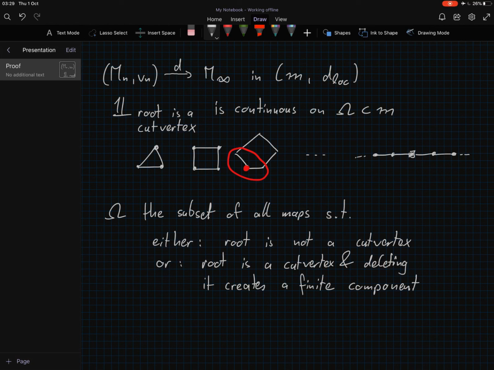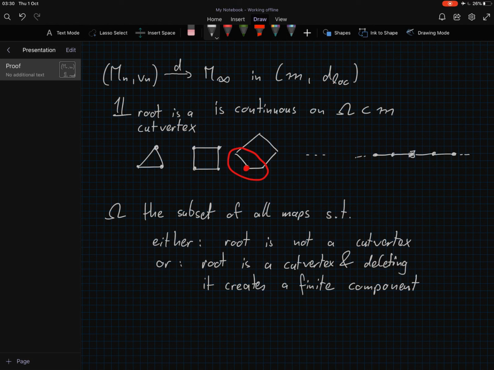Essentially, suppose that we have some sequence of vertex rooted maps that converge to a limit in omega. Now, if the root of omega is not a cut vertex, then either it's a leaf or it's contained in some finite cycle.